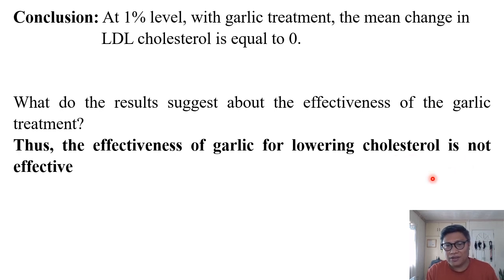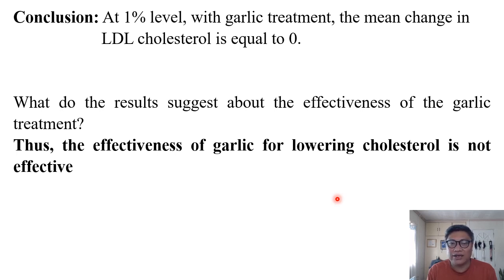So this is how we solve hypothesis testing. We always follow some, not rules, class, but steps. First, identify the needed information. Second, establish the null and alternative hypothesis. Then solve for the t-value. Then compare the computed t-value against the critical value, depending on the level of significance given.